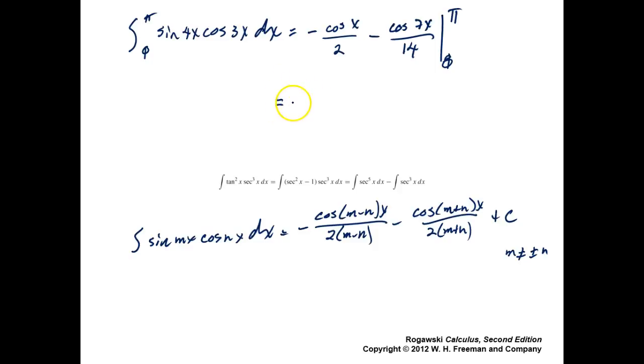So this will be minus the cosine of pi over 2 minus, I'm going to do it this way, minus the cosine of 0, minus a minus, which is plus, over 2, minus the cosine of 7 pi over 14, plus, minus a minus, the cosine of 0 over 14.